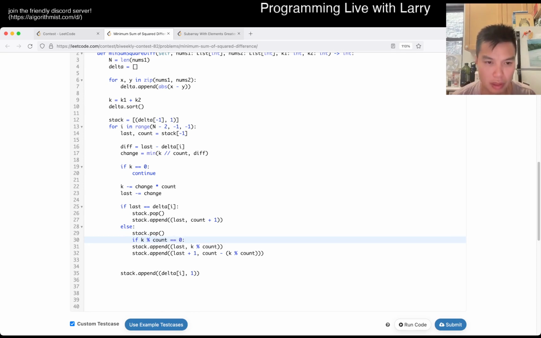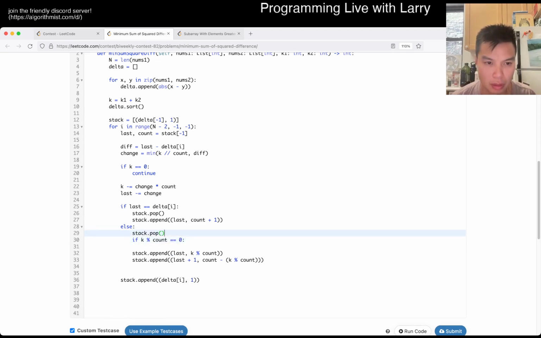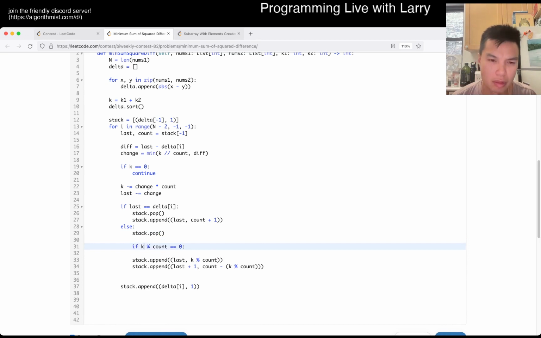Okay, it's going to use 0 then. No, that's not right. It's every number.